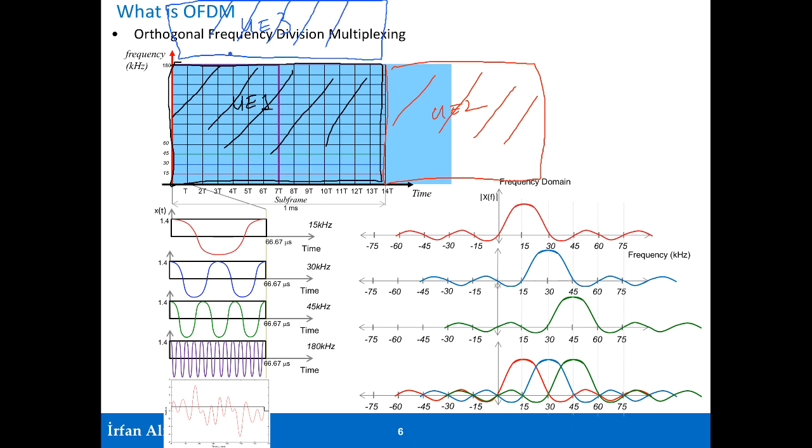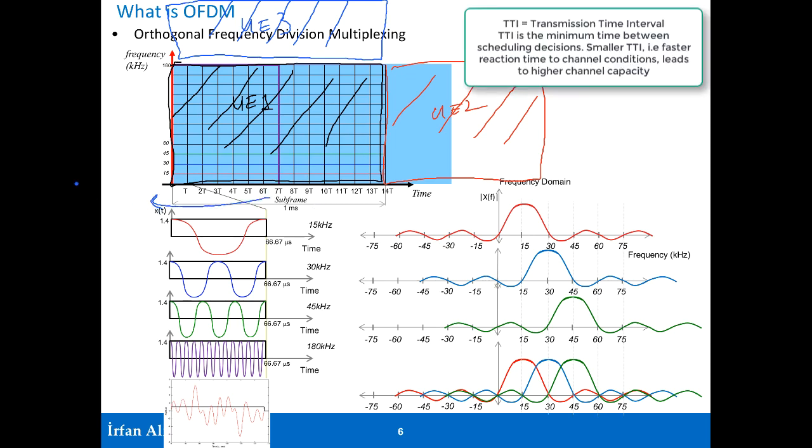You allocate resource blocks in a subframe to different mobiles. And this 1 millisecond is also an important parameter, which is called the transmission time index, the TTI. This is the minimum time over which scheduling gets done.